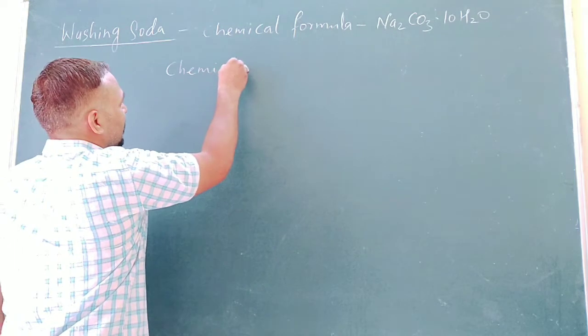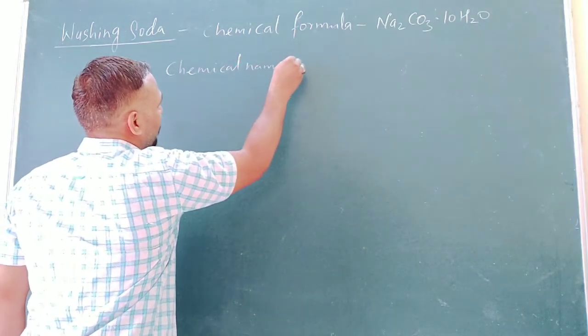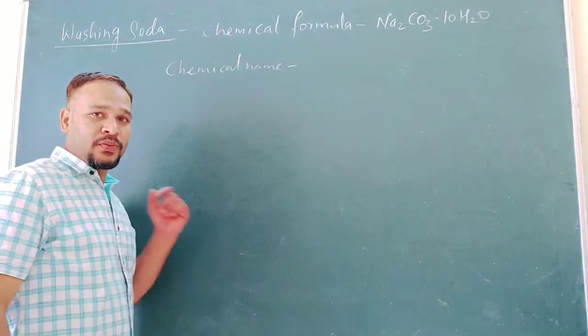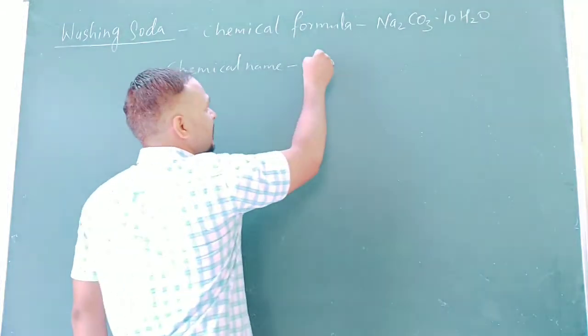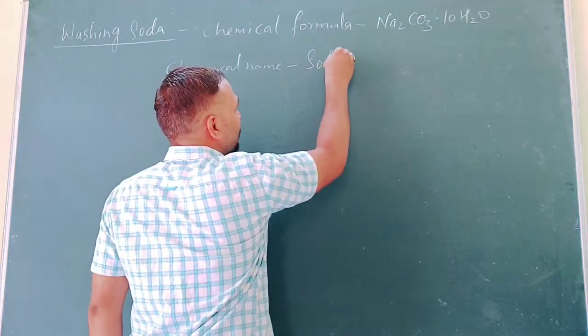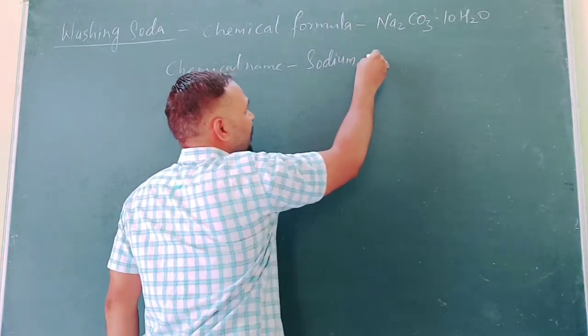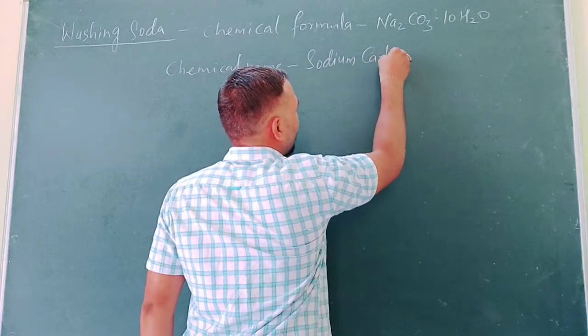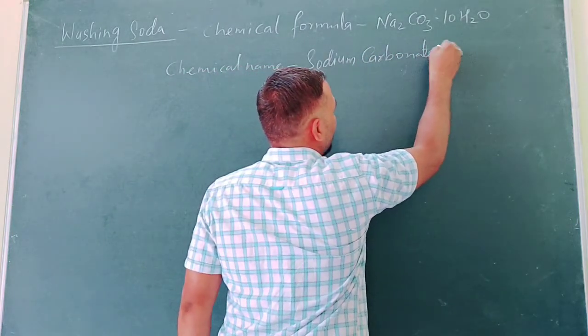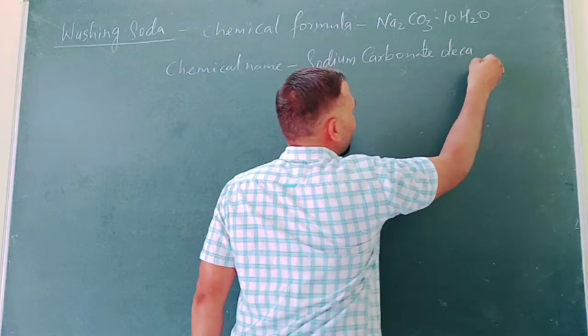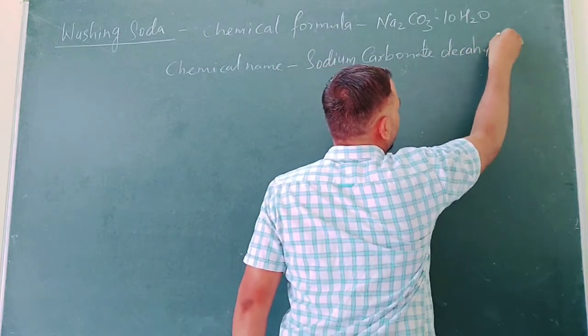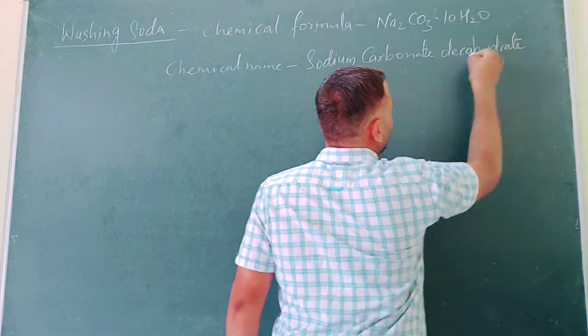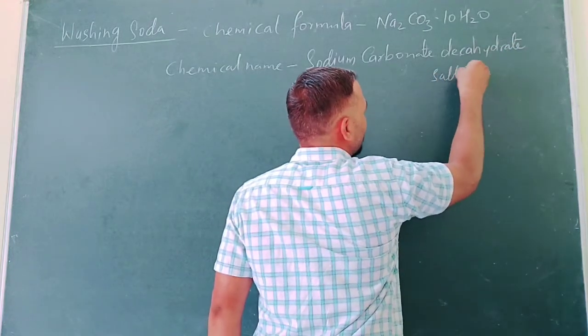The chemical name of washing soda is sodium carbonate decahydrated salt.